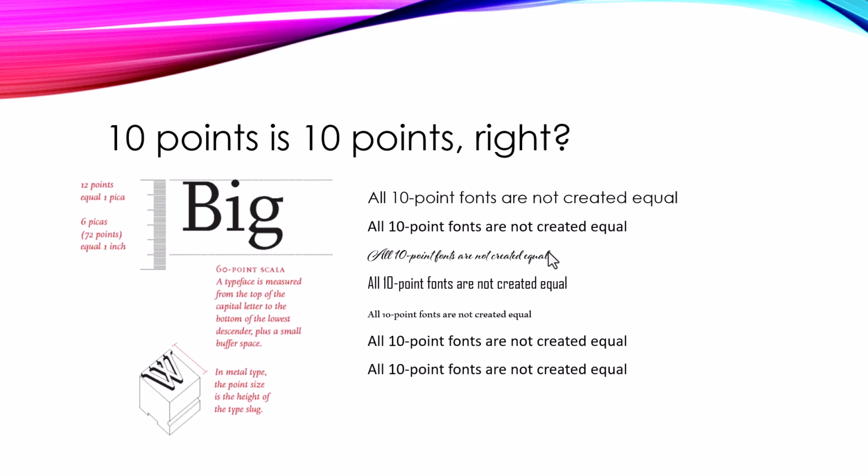We measure from the top of the capital letter to the bottom of the lowest descender and give a small little buffer space underneath it, but a 10-point font is all based on this 10-point slug, even though the type itself may be smaller. So realize that there is a difference, and fonts do not all occupy the same amount of space on that slug.